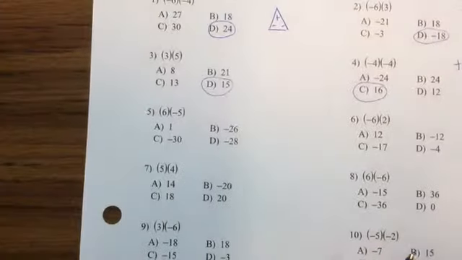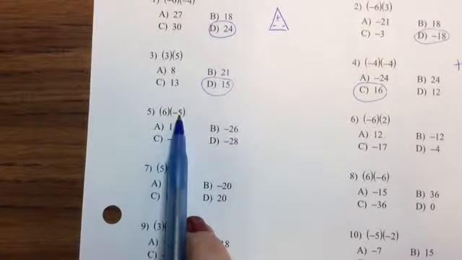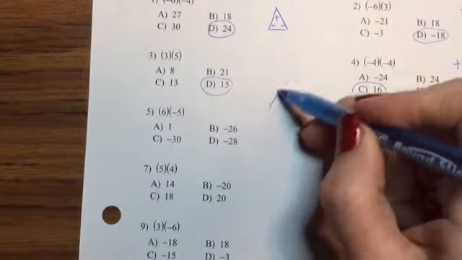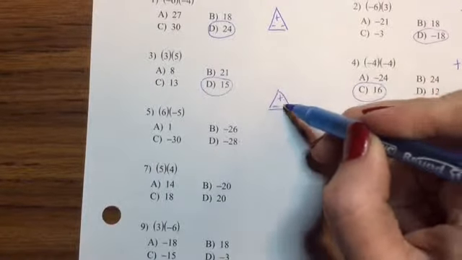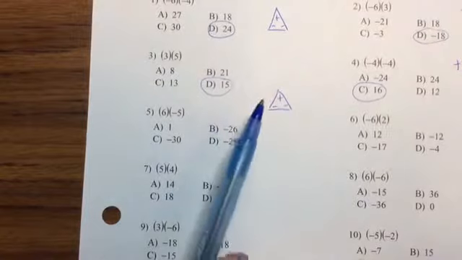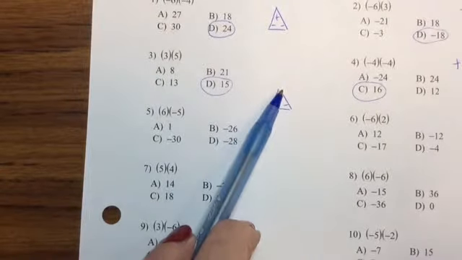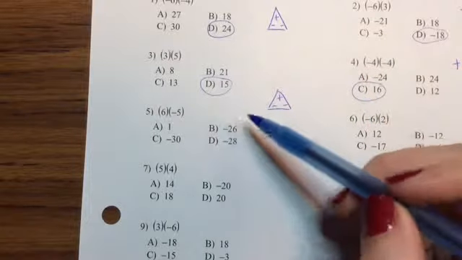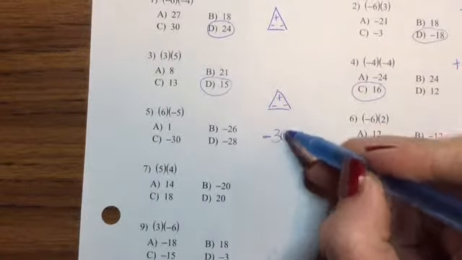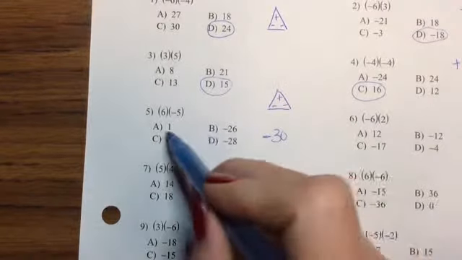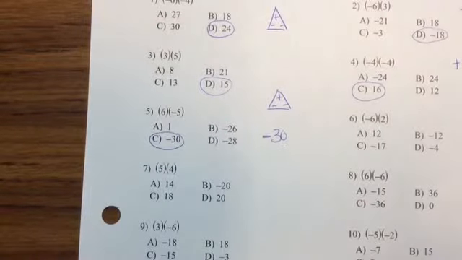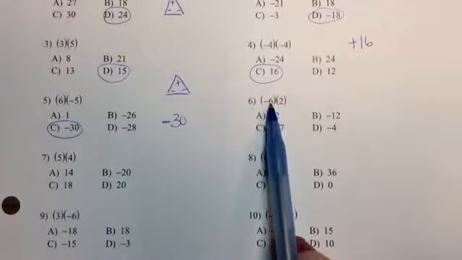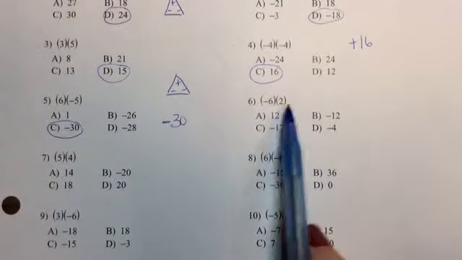Number 5 says 6 times negative 5. Well, that's a positive and a negative, so I'm going to redraw my triangle. A positive and a negative, I cover them up, and my answer will be negative. And then 6 times 5 is 30. So my answer has to be negative 30. Number 6 says negative 6 times 2.